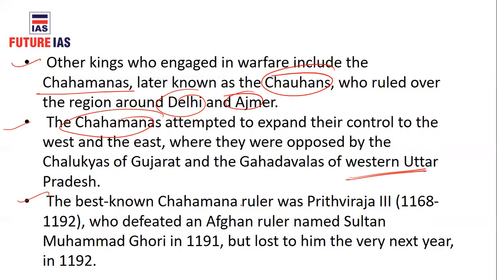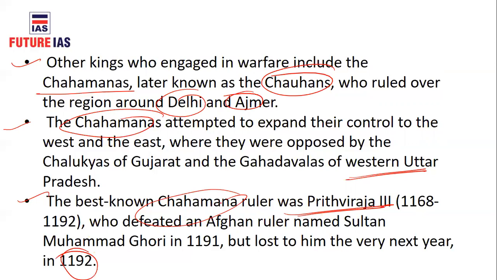The best known Chamana ruler was Prithviraj III, Prithviraj Chauhan. You might have heard about him: he defeated an Afghan ruler, Sultan Muhammad Ghori, in 1191 AD, but he ultimately lost to him the very next year in 1192.